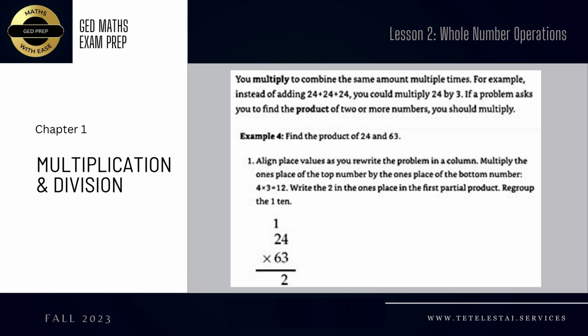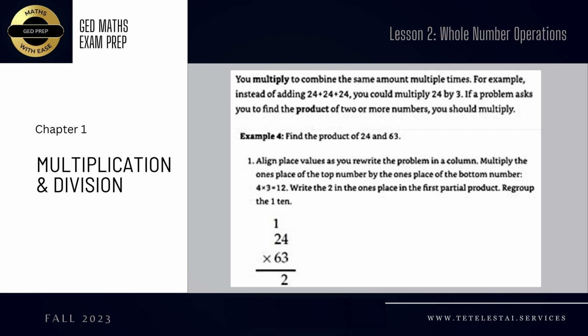We have 1 and 2 digits. You want to write down the digit to the right, and then carry over the digit on the left. So in this case, the digit on the right is 2. You write that down and carry over the digit on the left, which is 1, okay?